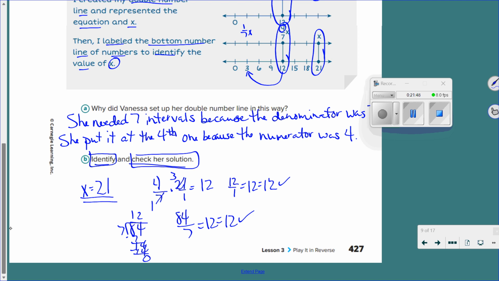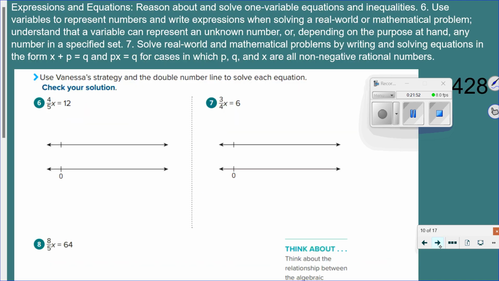Now, use Vanessa's strategy. See if you can do this. So you're going to solve each equation using the double number line and check your solution. Do not get messed up if I have an improper fraction.